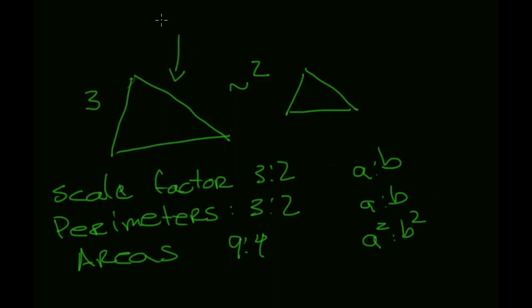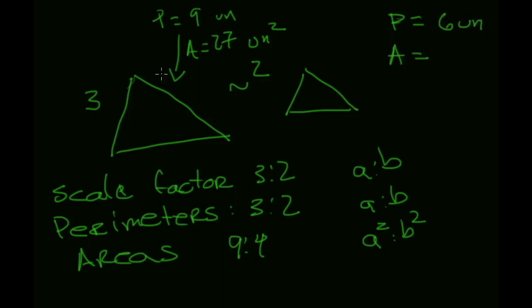So let's say that I knew that the perimeter of this was, let's say, 9, and that its area was 27. So it's going to be 9 units and 27 square units. Then the perimeter of this one, well, let's see, 3 times 3 is 9, so 2 times 3 is going to be 6 units.